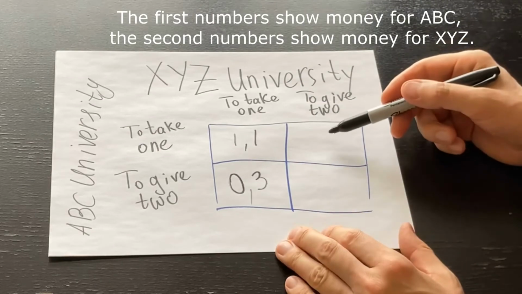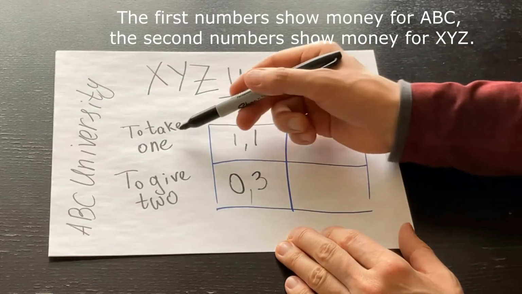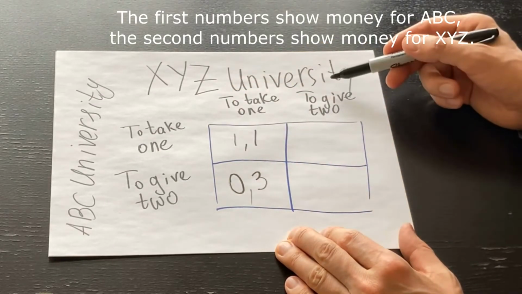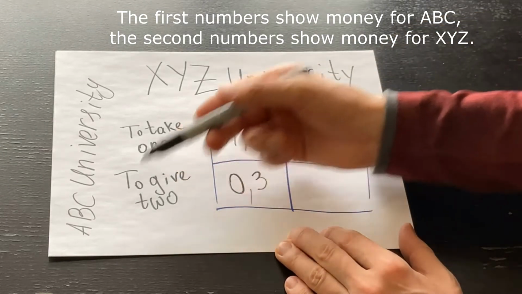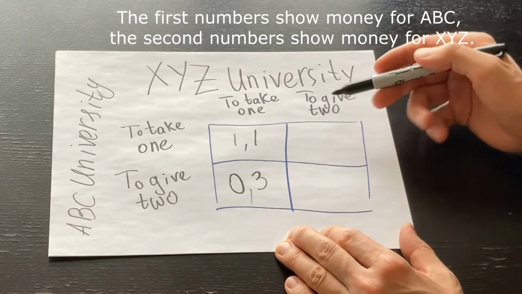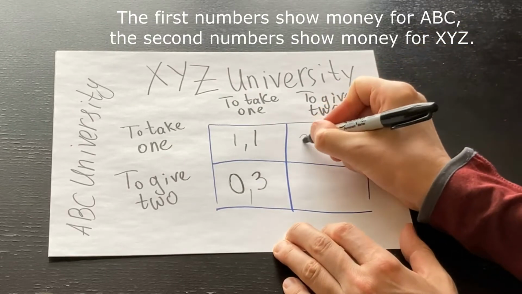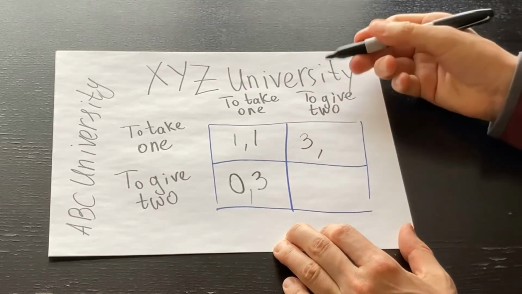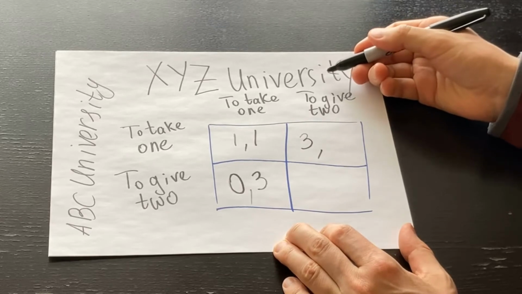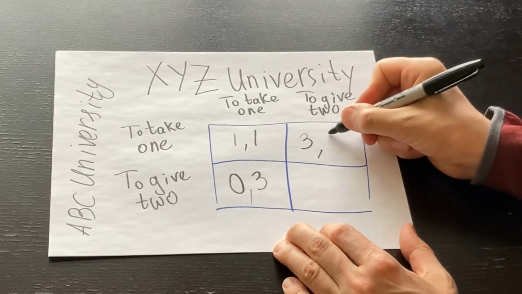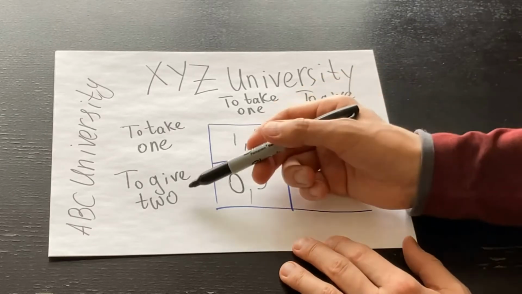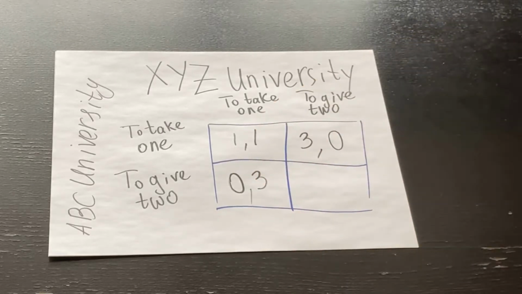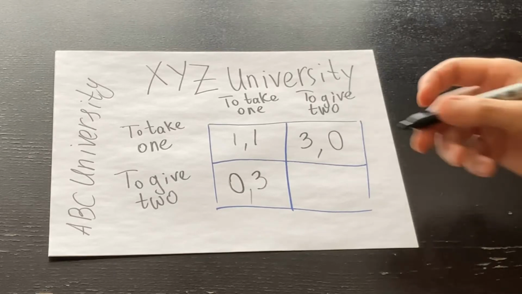In this outcome, ABC University takes 1 million and XYZ University gives 2, so that ABC gets 1 plus 2, 3 million, and XYZ University gets nothing. And in the last outcome, each university decides to give 2 million, so that each university gets 2.